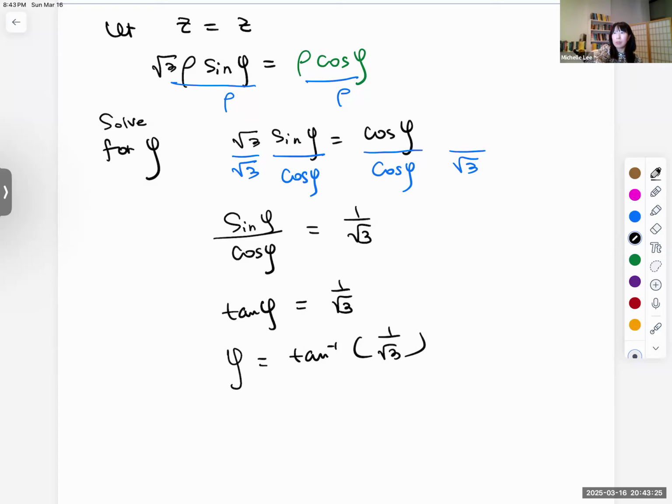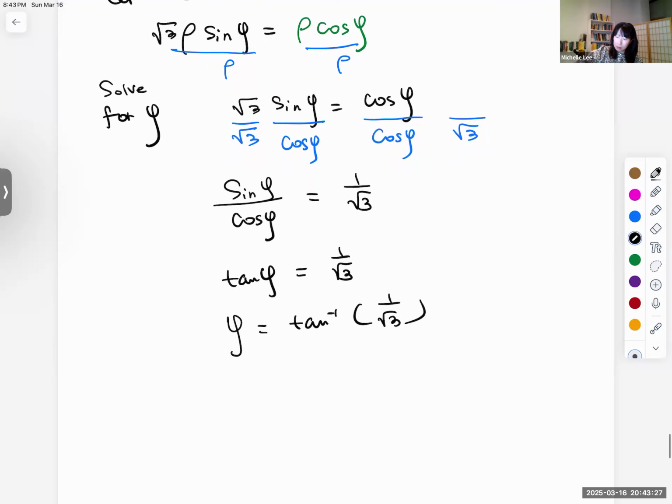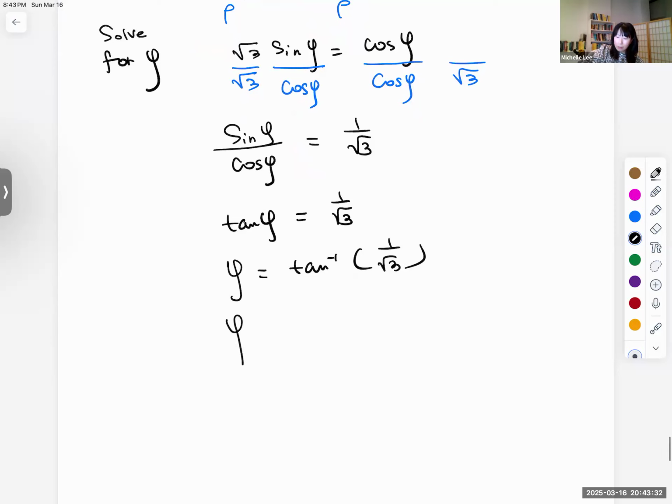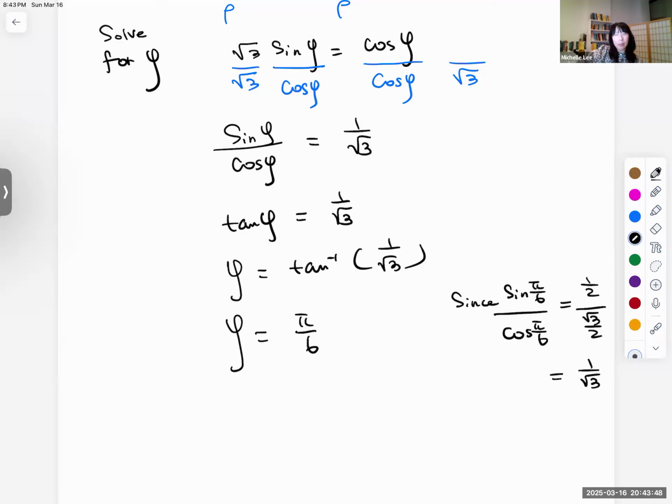Then we should think, right? Then phi equals pi over 6, since sine pi over 6 over cosine pi over 6 is 1/2 over square root of 3 over 2, which is 1 over square root of 3, right?